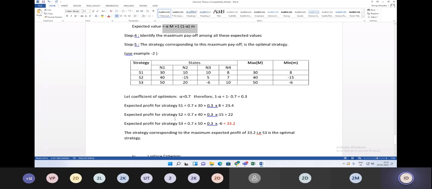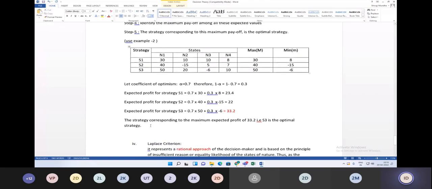Similarly, the expected profit for strategy S2 is 0.7 multiplied by capital M, which is 40, plus 0.3 multiplied by small n, which is minus 15, equal to 22. Do the calculations and work them out on your own also, to check whether mine are correct. Expected profit for strategy S3 is 0.7 multiplied by 50 plus 0.3 multiplied by minus 6, which is 33.2.